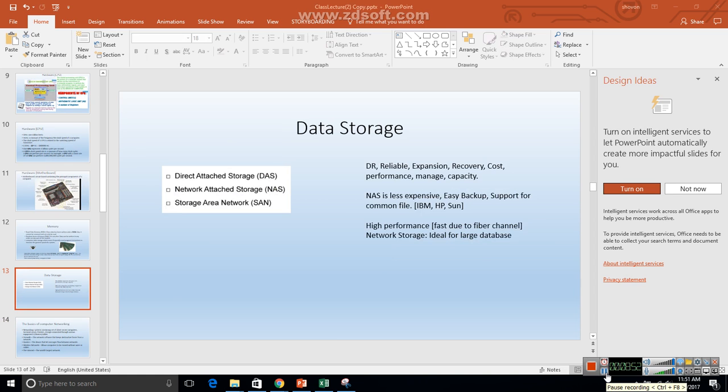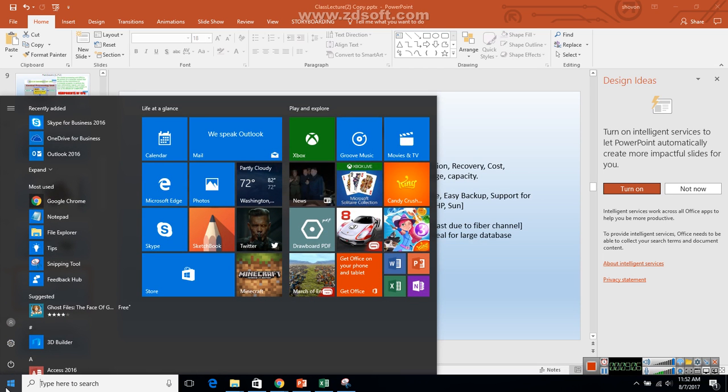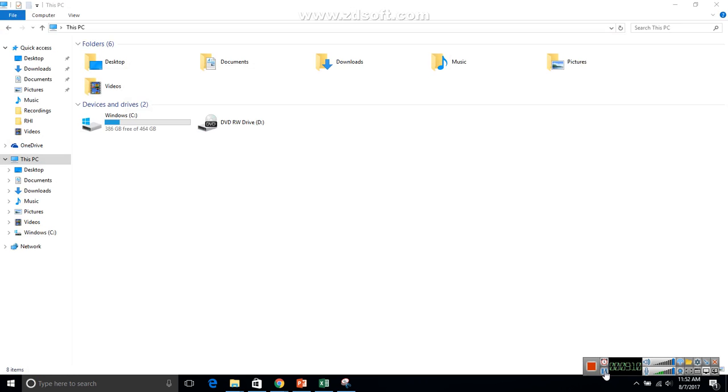Okay, now data storage. There are 3 types of data storage. One is direct attached storage. On a computer you have a direct physical drive, like for example on this server, you can see a C drive is there. That is basically direct storage, because it's physically located on that server.